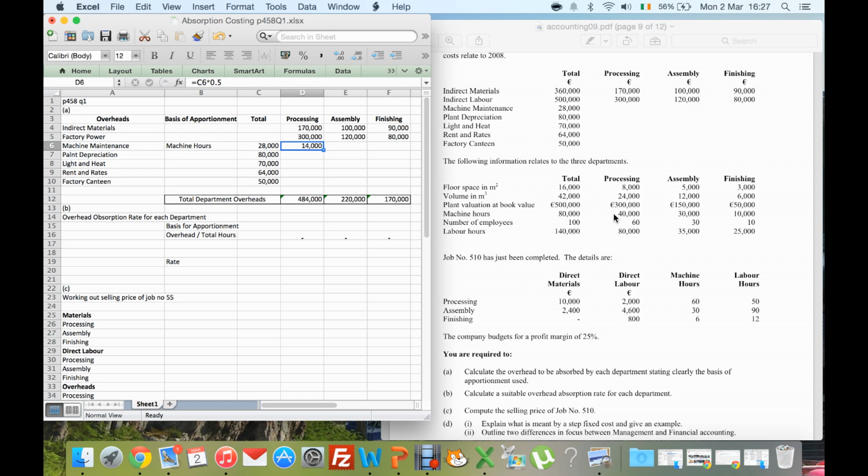That's because 40 of the 80. Now then 3/8 is going to go to the next department. And then the last department has 10 over 80, or 1/8. So 28 grand divided by 8.